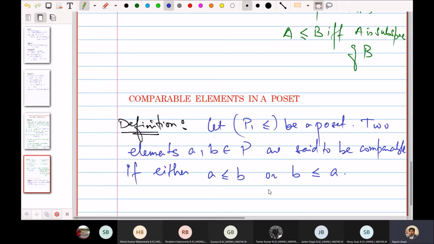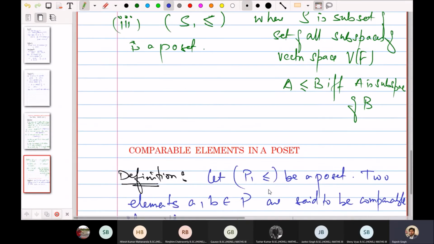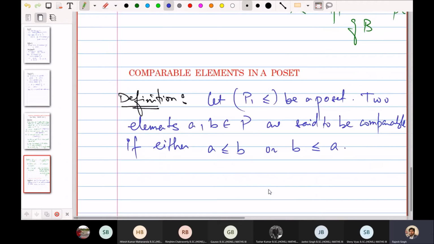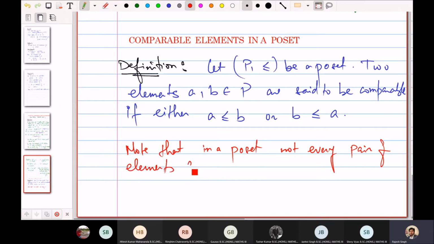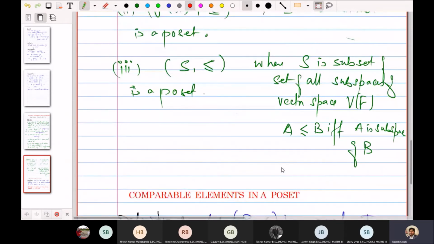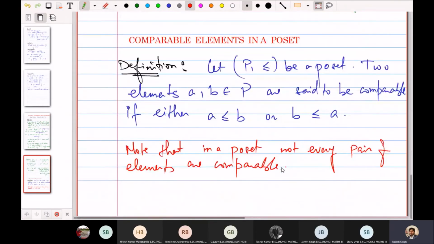ठीक है, जैसे सेट है, सेट में कुछ सेट कंटेंट होते हैं, कुछ नहीं होते हैं. सो इन जनरल नॉट एवरी पेयर ऑफ एलिमेंट इज कंपेरेबल, राइट. सो नोट दैट इन अ पोसेट not every pair of elements are comparable. जैसे अगर हम कलेक्शन वो P(X) कंटेनमेंट के साथ ले लें, तो देयर विल बी सम सेट्स जो कंपेरेबल होंगे, और देयर विल बी सेट्स दैट आर नॉट comparable.